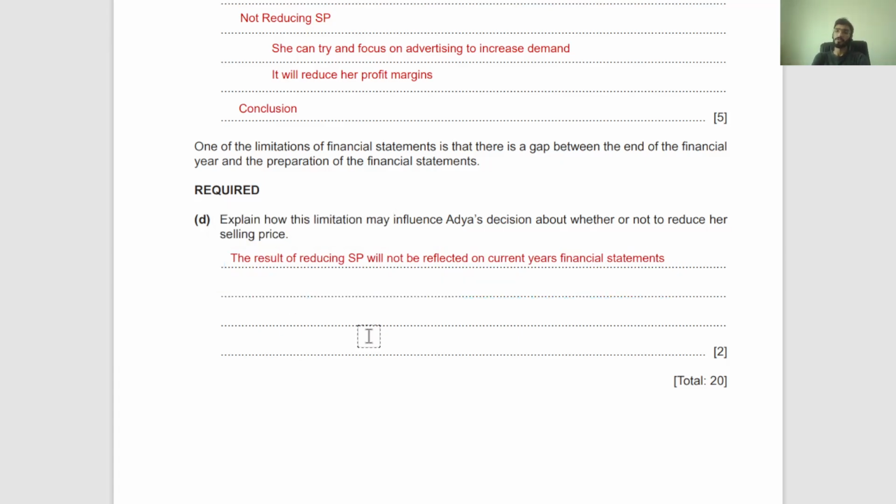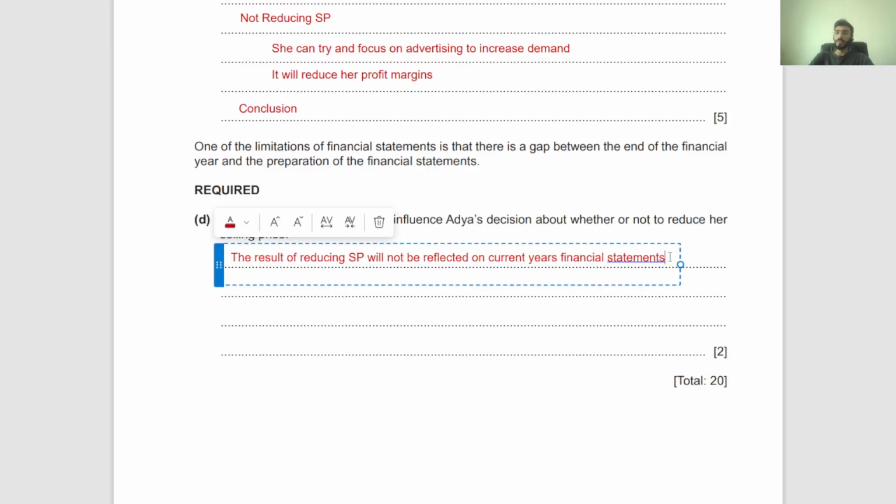The result of reducing selling price will not be reflected on current year's financial statements. So she may be reluctant on reducing the selling price, isn't it?